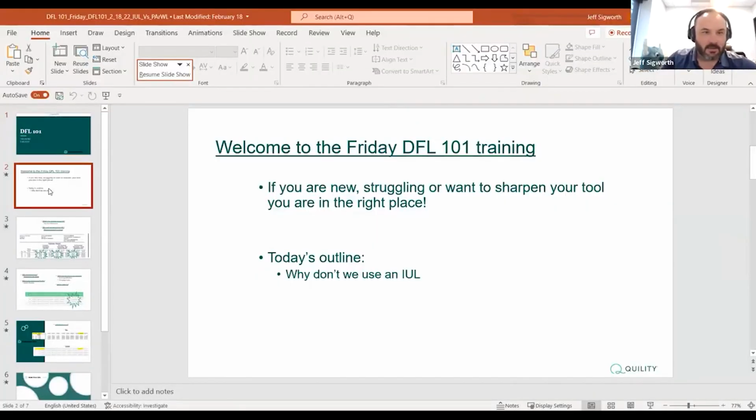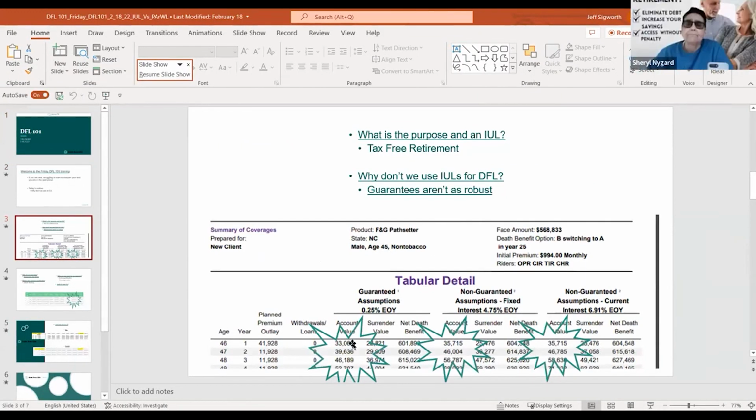So, can you guys see my screen? Look at the cash value here. This is an IUL that I did for me based on the DFL report that we're certifying everybody. And this is the Barclays index, 35.7, 46.7. This is non-guaranteed. The middle column, 35.46.